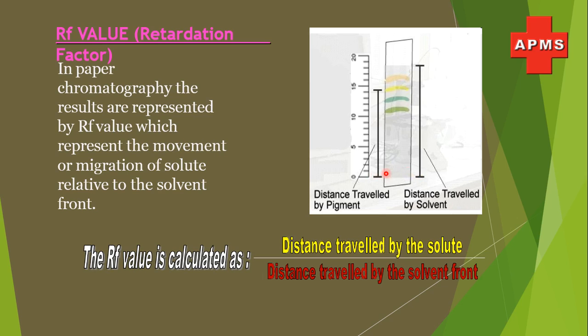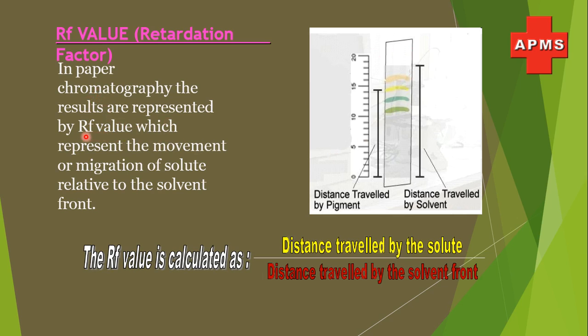In this filter paper, this is the starting line, and this is the solvent front, where the solvent reaches, that is the last point where our used solvent or mobile phase reaches.